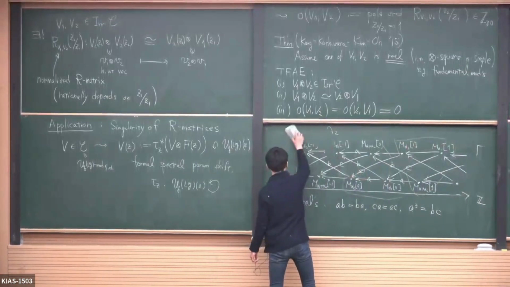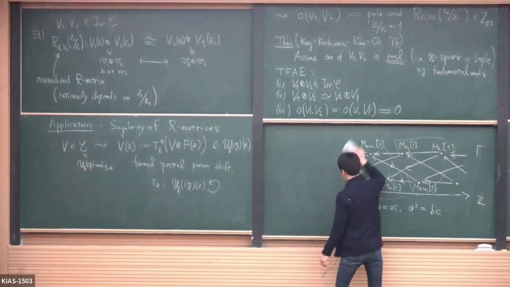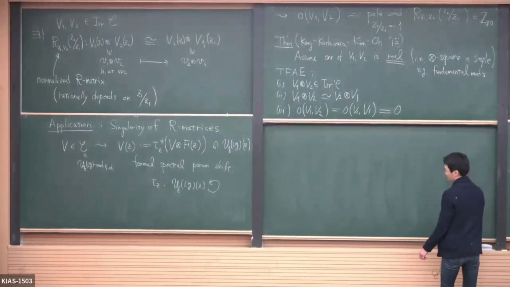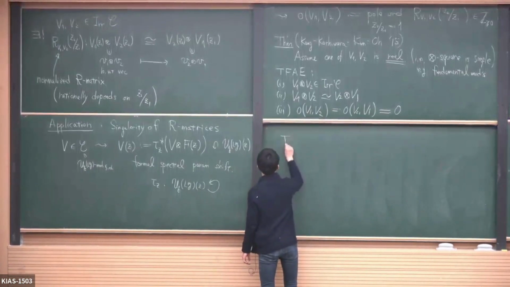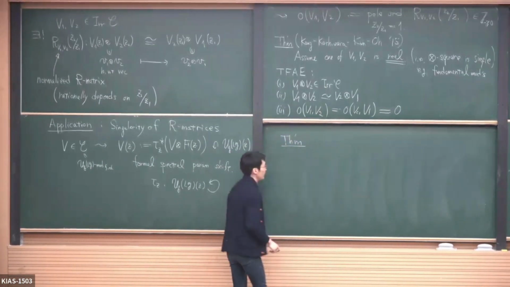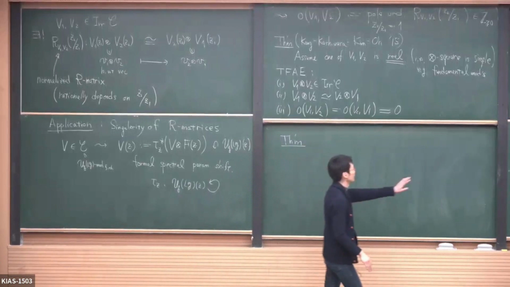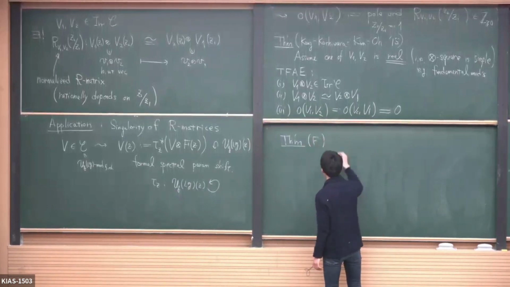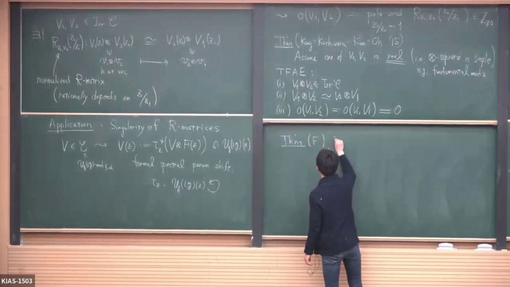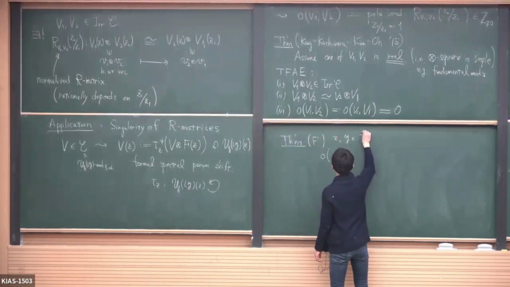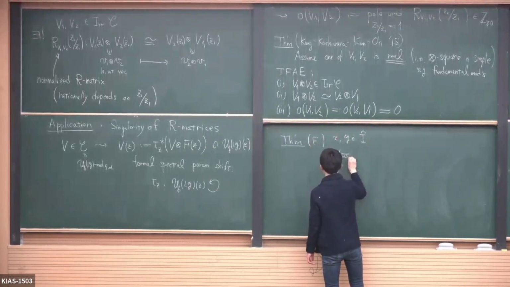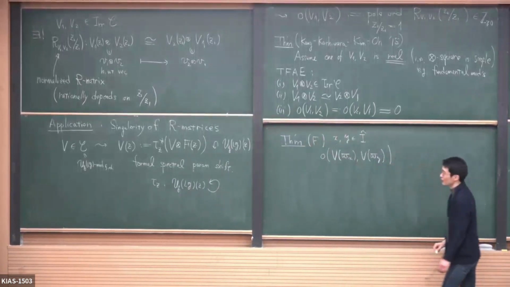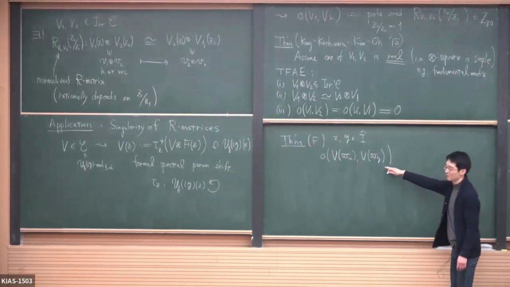I do not have time, but I finish this talk by stating the result which relates this numerical invariant with Keller-Scherotzke's theorem. So this is due to myself. So we can consider the pole order of R matrix for fundamental representations. And we want to compute this number.